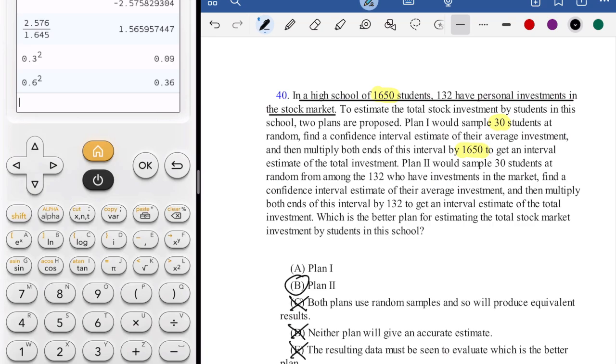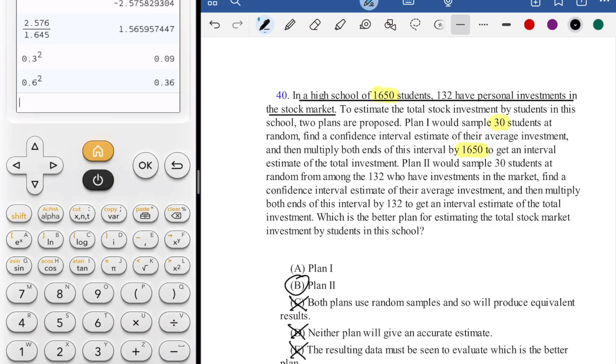The likelihood that I would get a representative sample that would give me a true indicator, maybe a few that don't invest at all, a few that invest a lot, and some people in the middle, is probably not high. Regardless of how I do it, I'm probably not going to get something as accurate as I want it to be.